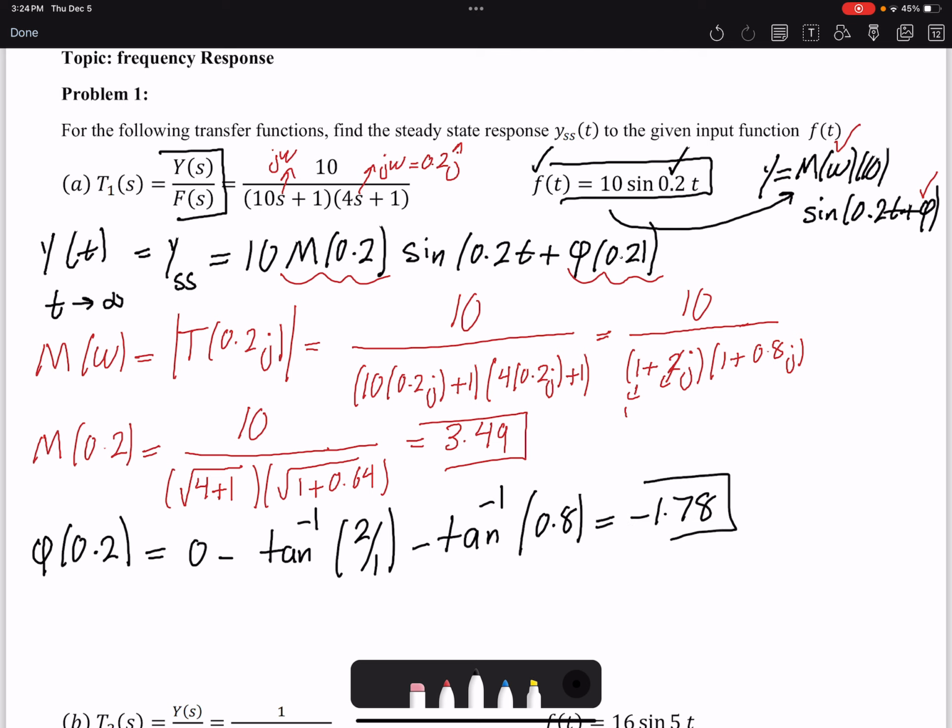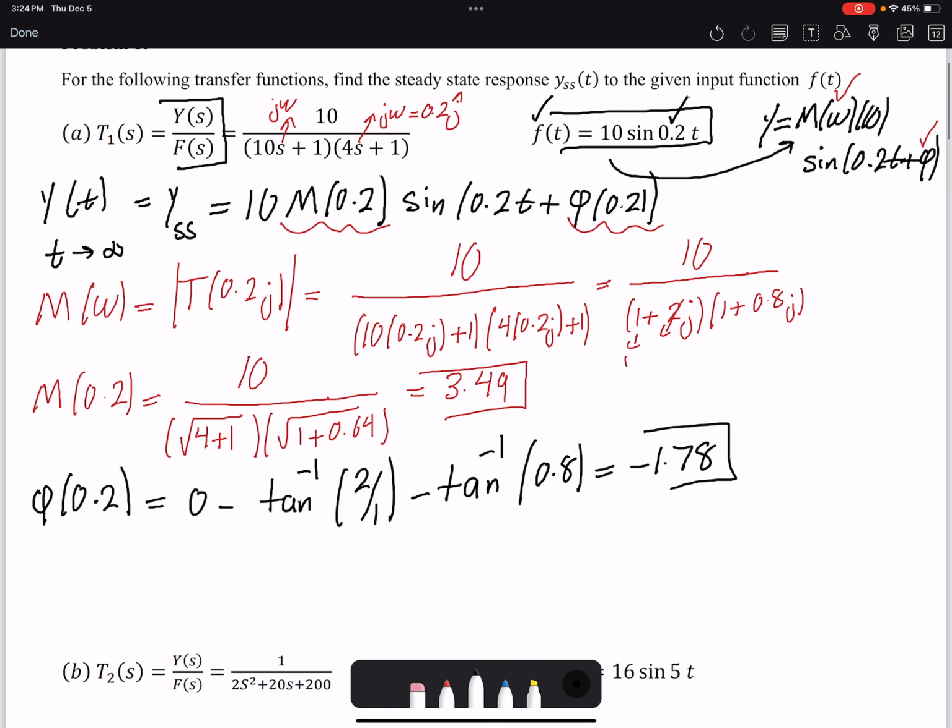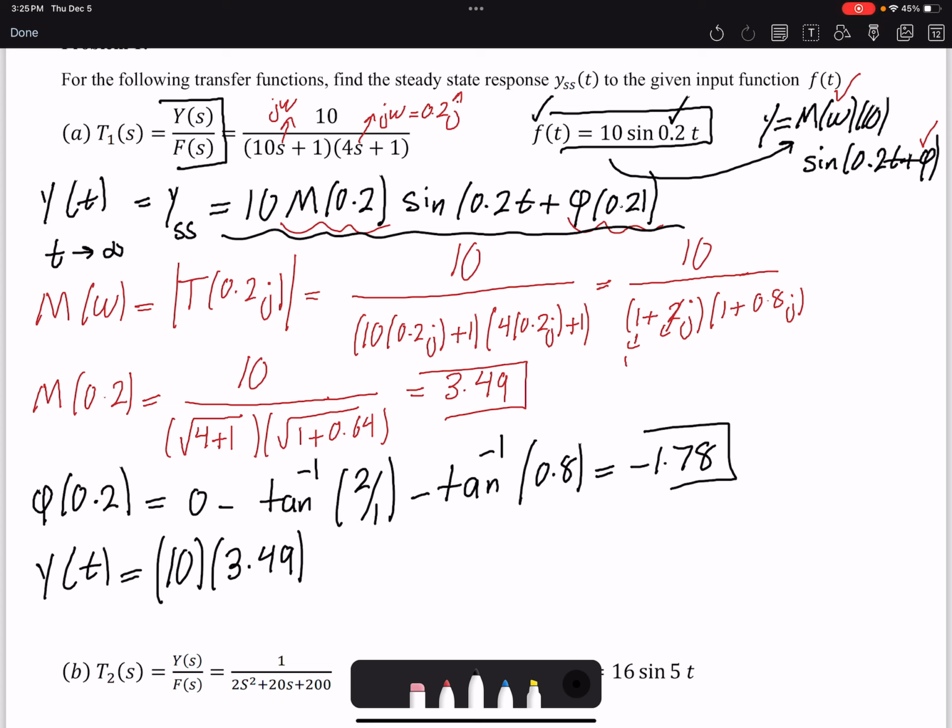And if I want to write both of them now here, my y(t) would be 10. I'm just rewriting this equation on the top. M(0.2), I have found the value is 3.49, so the amplitude of my output is 3.49 times the input amplitude of 10.